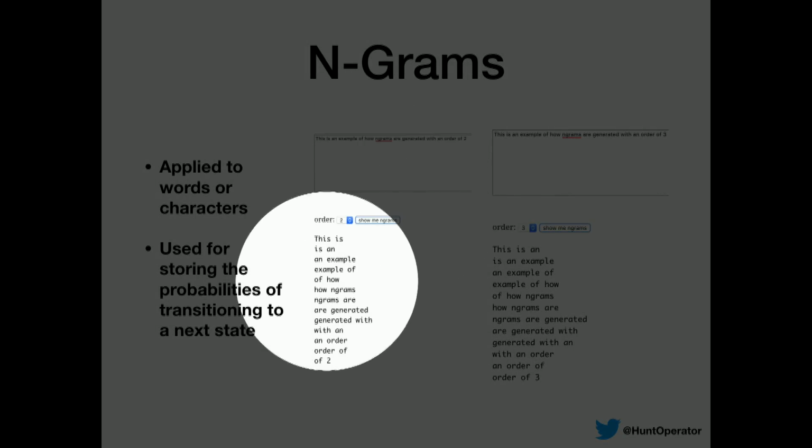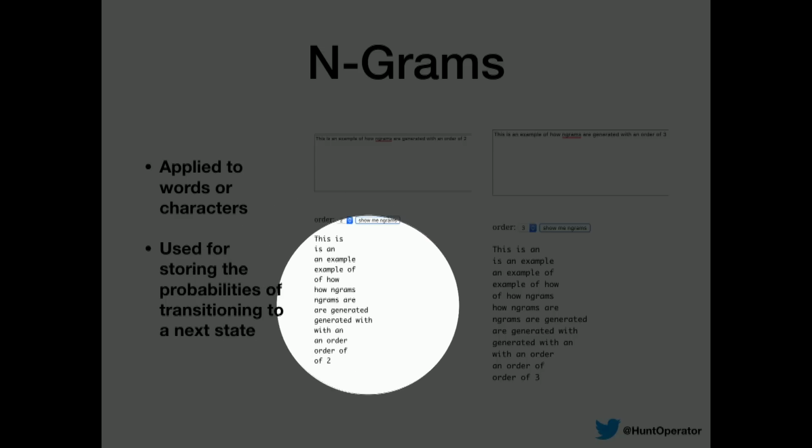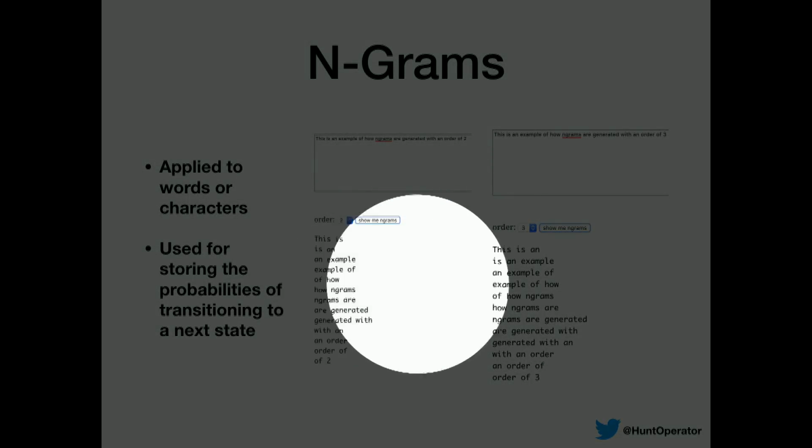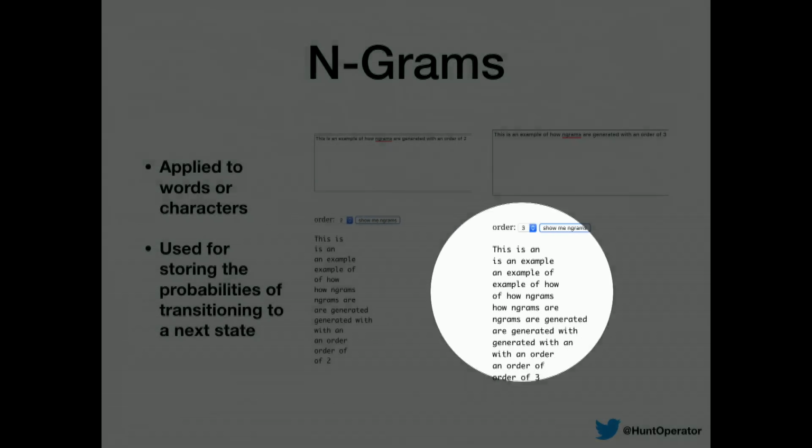And then it takes the first 2 words, this is, then is an, an example. And the same thing happens when you do it for 3: this is an, is an example, and so on and so forth. That's showing you how n-grams apply to words, but you can also apply the same logic to characters inside of a word, and start inspecting the transitional properties for what's normal in your environment and assign a score to that.